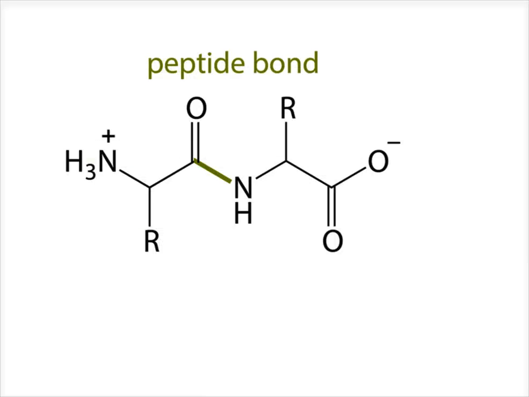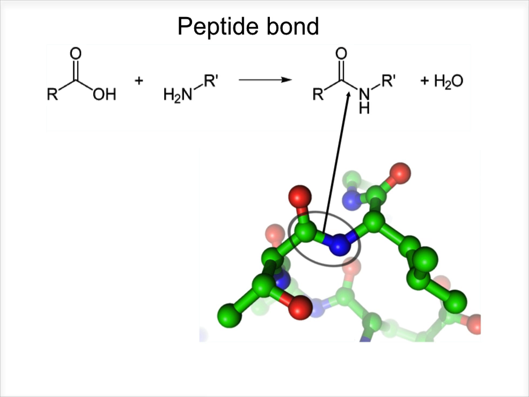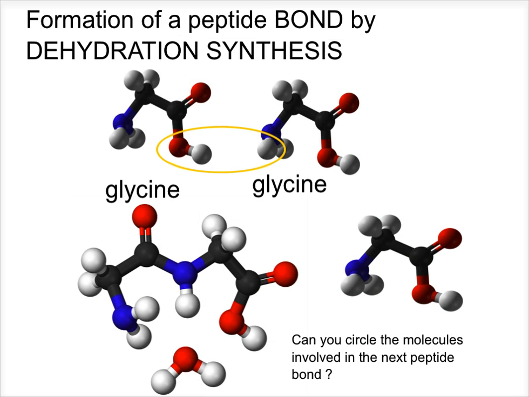How we link these amino acids together is known as a peptide bond, which forms when the carboxyl end of one amino acid joins to the amino end of another amino acid. Here is the peptide bond, how it forms between 2 amino acids, and this is what it would look like at the atomic level.